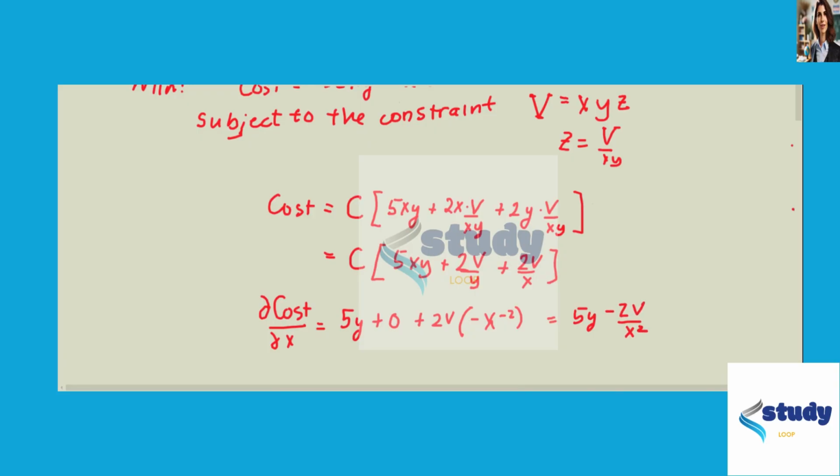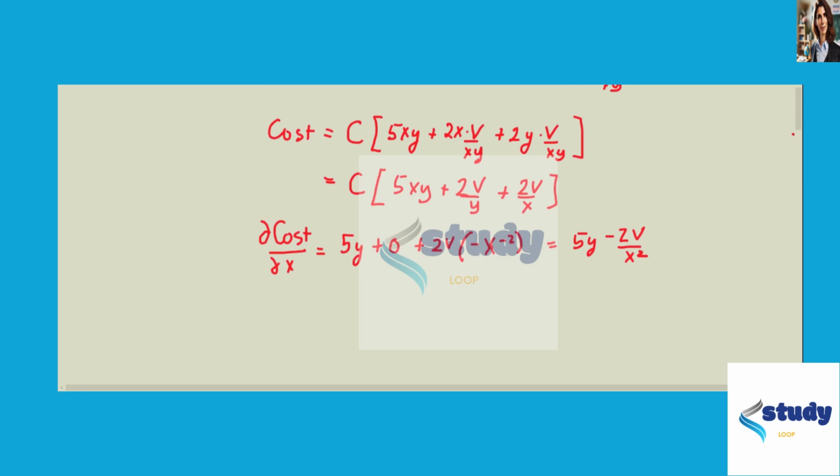And then the derivative of the cost with respect to Y, 5X plus, oh, I did that backwards. Oh no, I did that right. That middle one is in 0. That's what happened there. The derivative of 2V over Y with respect to Y is 2V times minus Y to the minus 2.